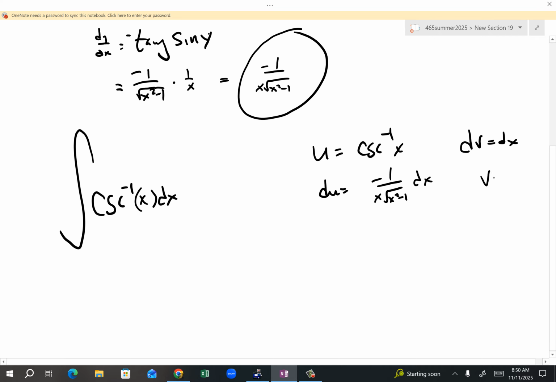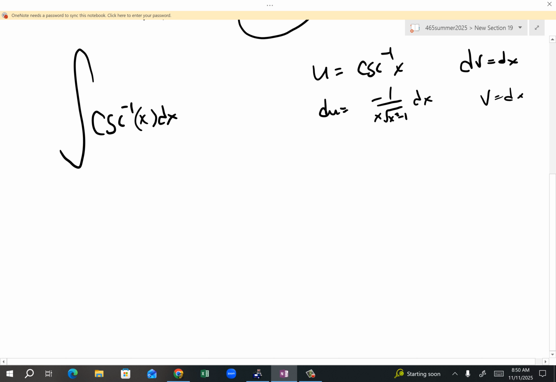Well, you could, you could just type it into a search engine, but that's not the point. So v is equal to x. So, x arc cosecant of x minus, but it's going to be minus and minus, so plus the integral of x over x square root x squared minus 1 dx.